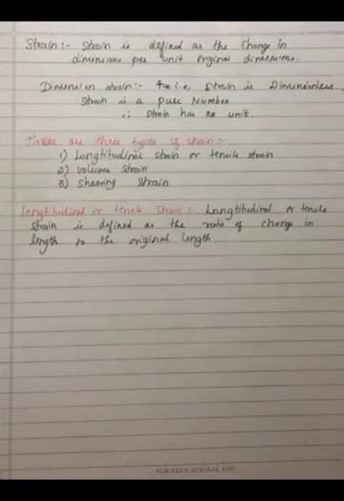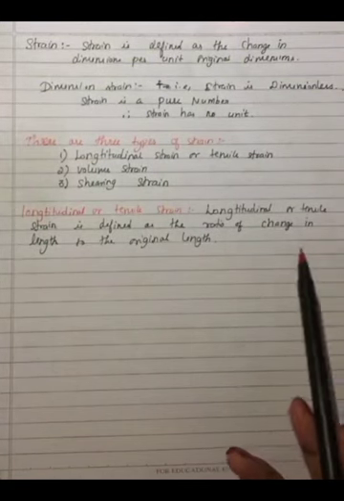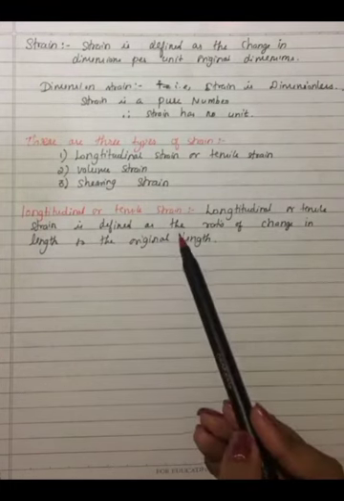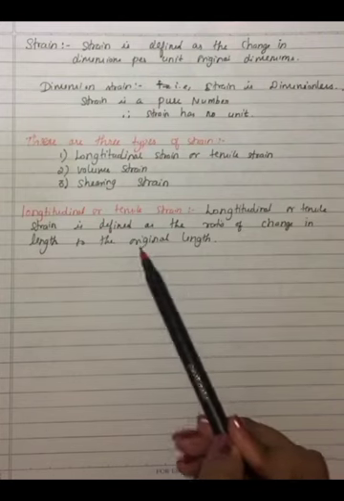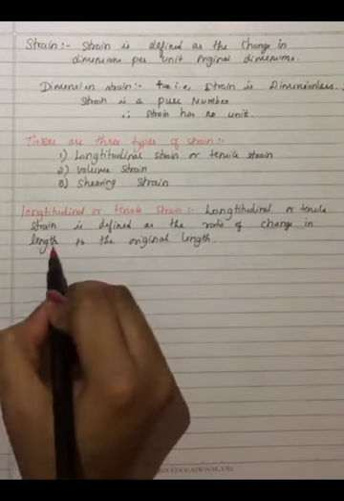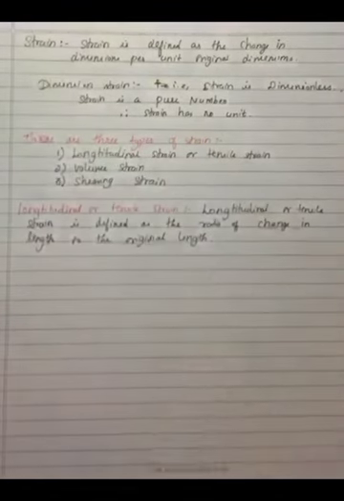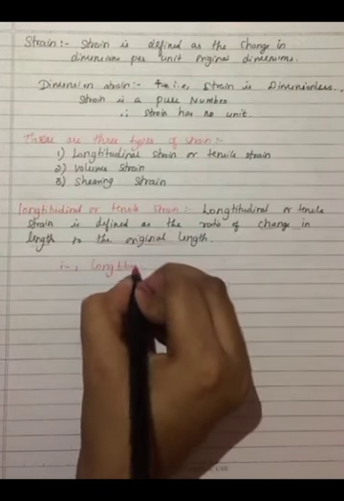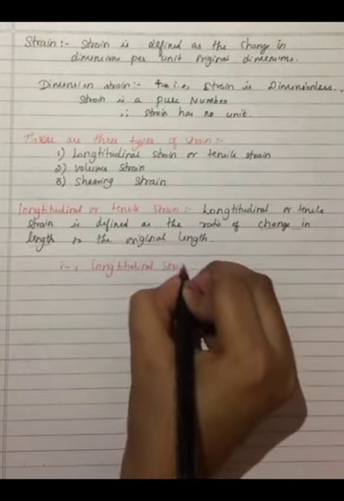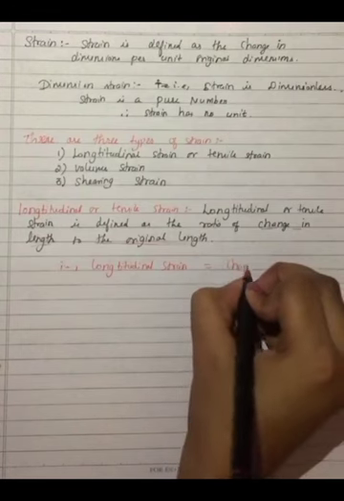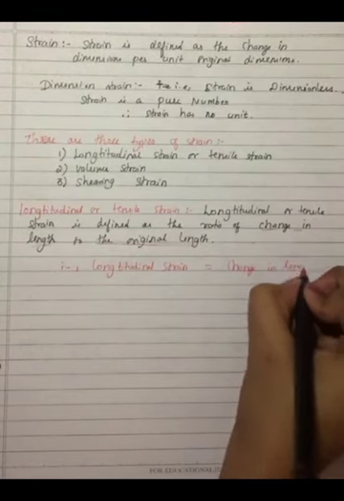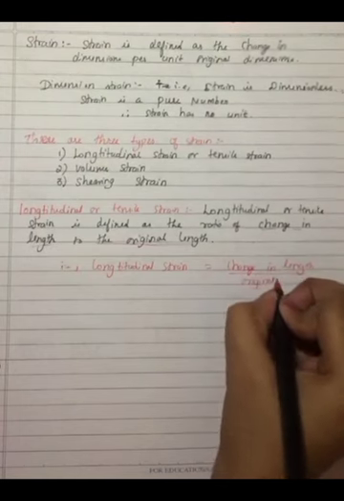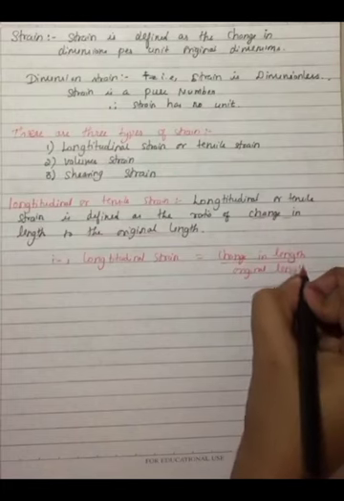In longitudinal stress, we studied the change in length to the cross-sectional per unit area. Here, the ratio of change in length to the original length, that is, longitudinal strain is equal to change in length to the original length.